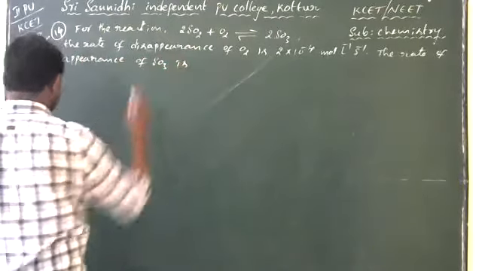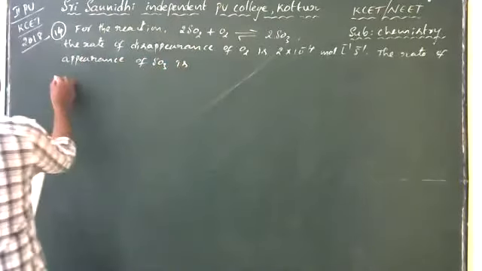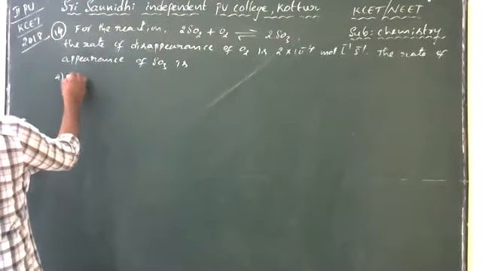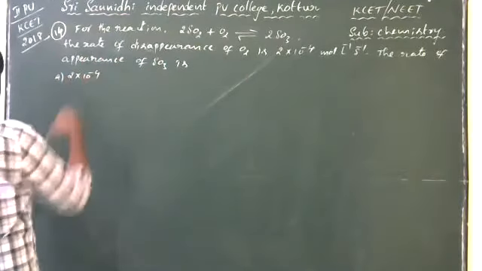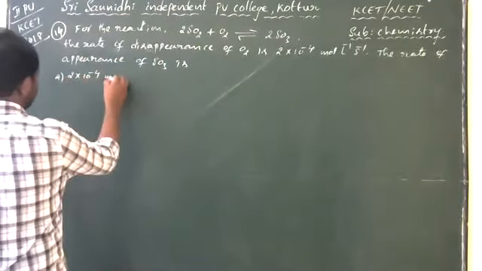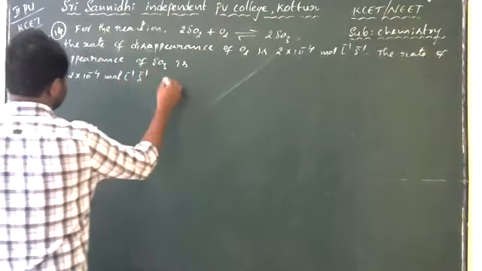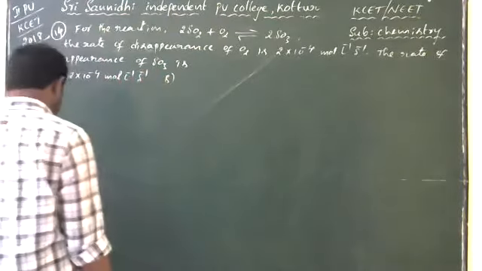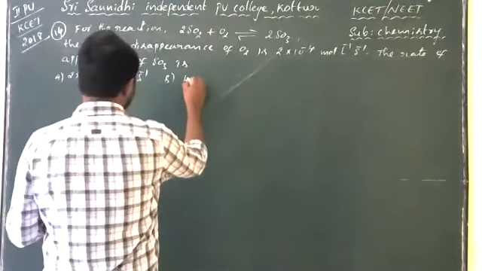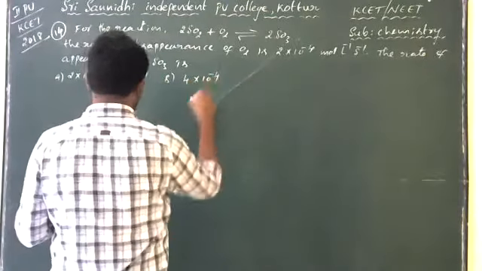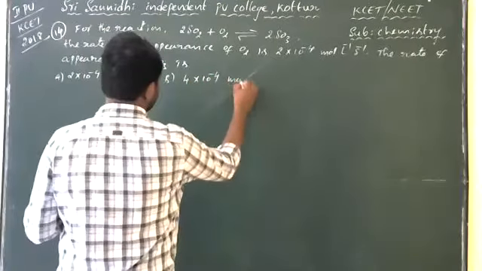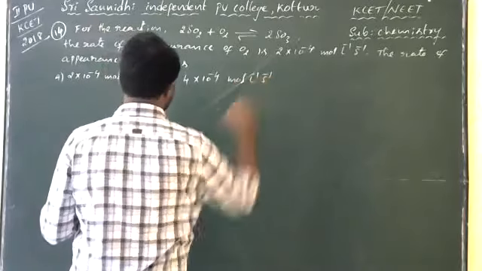Option A is 2 into 10 power minus 4 mole per liter per second. Option B is 4 into 10 power minus 4 mole per liter per second.